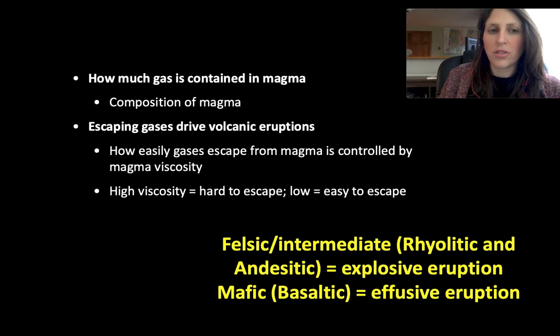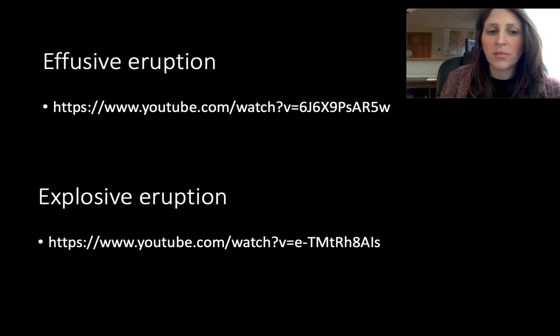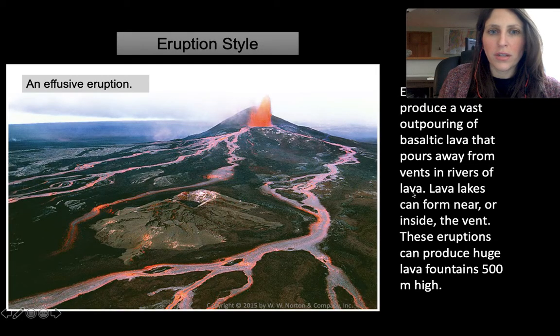Just another slide showing this. These are some YouTube videos showing the differences between explosive versus effusive. So click on those, check those out, so you can actually see the different types of eruptions. They're pretty neat. Everyone loves seeing a good volcano erupt. But here are some pictures of what these eruption styles can look like.